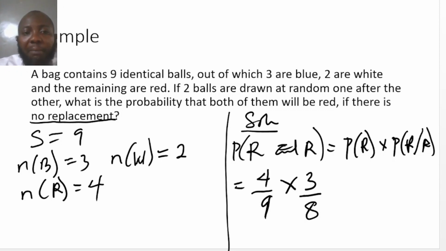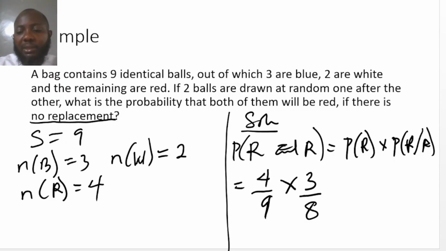Because you did not return the first one you picked, the number of red balls has also reduced from 4 to 3. The total number of balls in the bag has also reduced from 9 to 8. That is why we have 3 divided by 8. I hope I'm making sense.